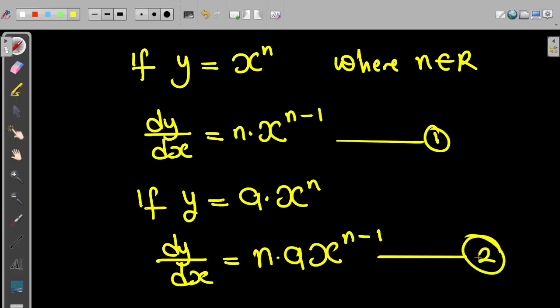This method of finding the derivative of a function is known as the power rule.